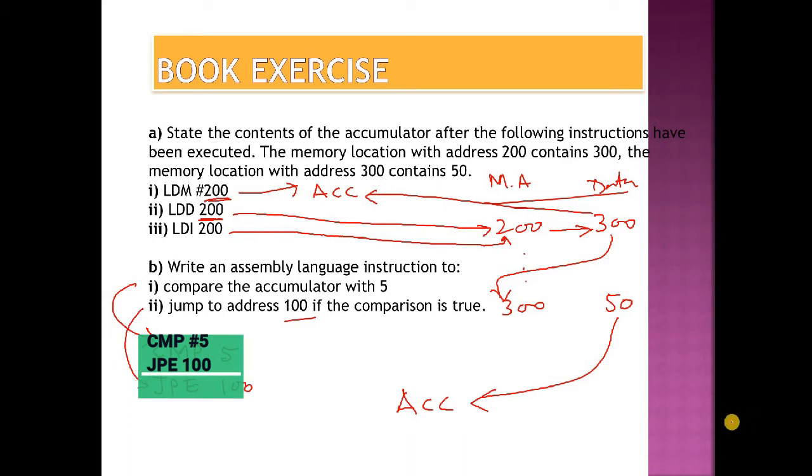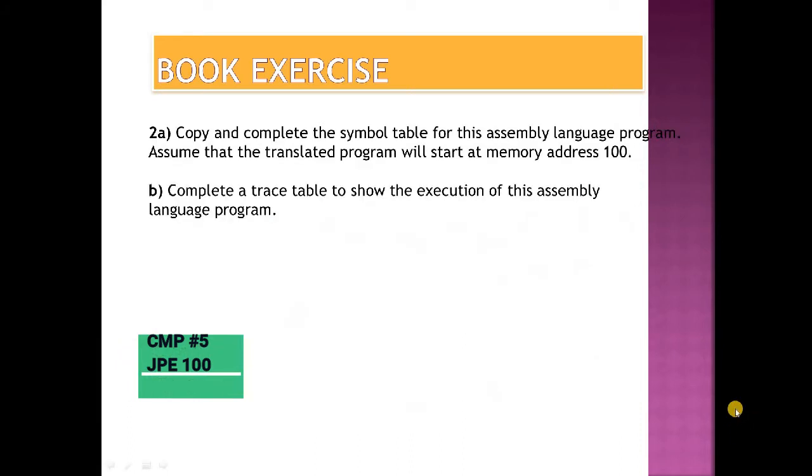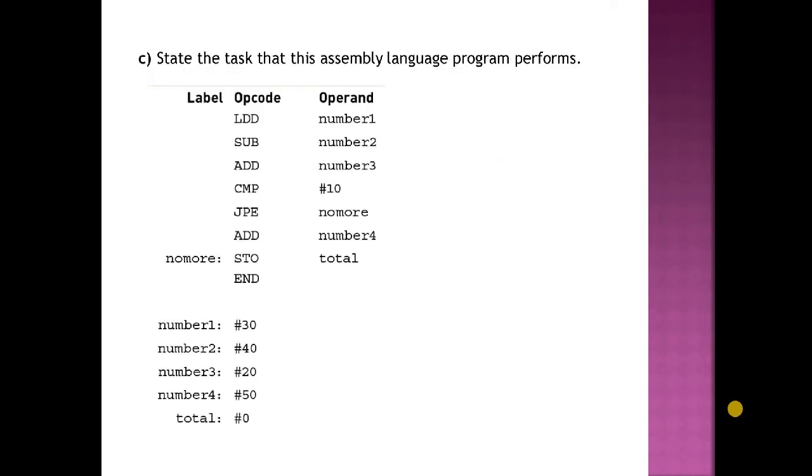Next is, state the task that this assembly language program performs. First we try to dry run this program to see what is happening, and then we will write the purpose. Let's make boxes for the accumulator.